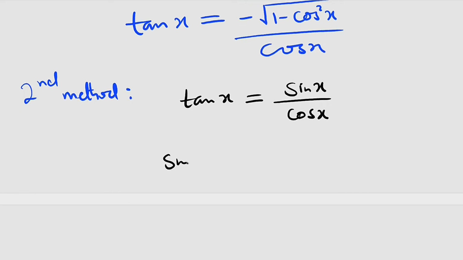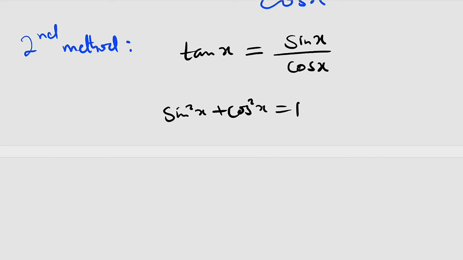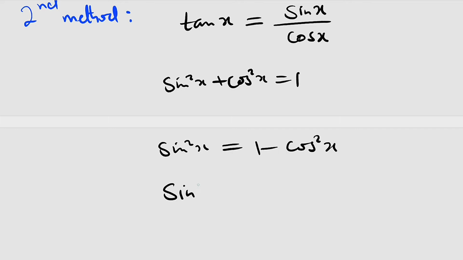Remember that sine squared x plus cosine squared x is equal to 1. So we can make sine squared x the subject from here. Sine squared x will be equal to 1 minus cosine squared x. And sine x will be equal to plus or minus the square root of 1 minus cos squared x.